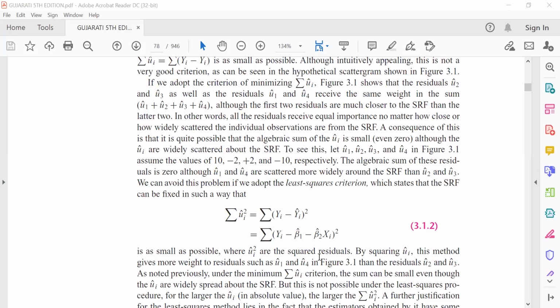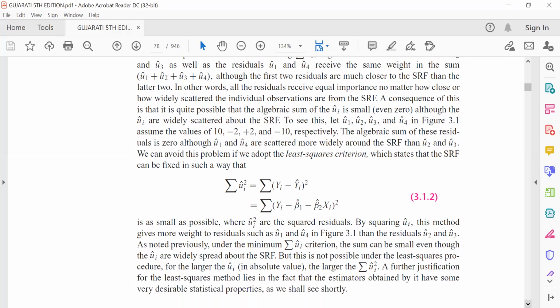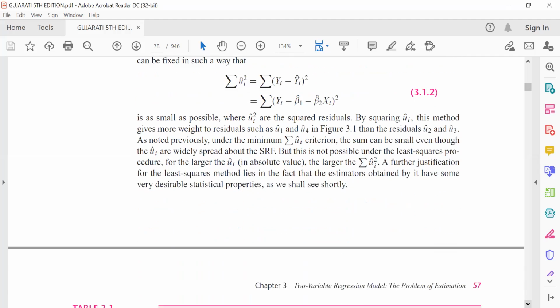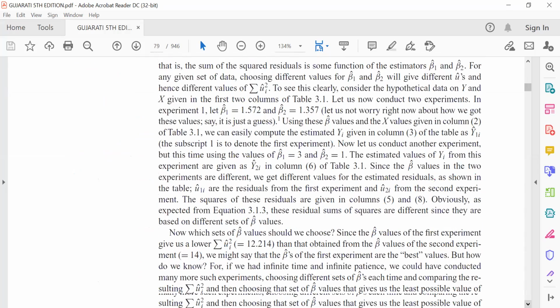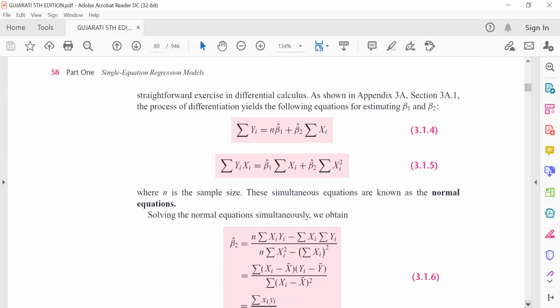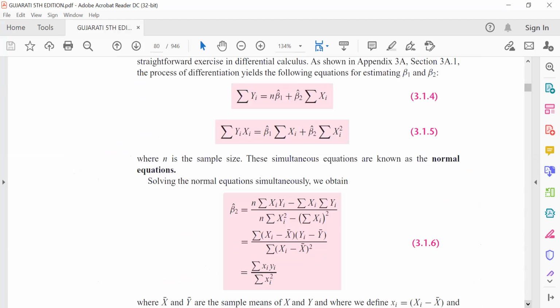This one is equation 3.1.2, the squared residual. Now, we take the first derivative of equation 3.1.2 with respect to beta 1 and beta 2. Then after rearranging the equations, we get the formula for beta 2.